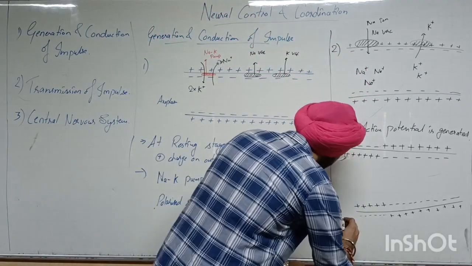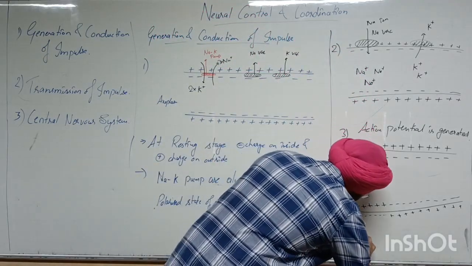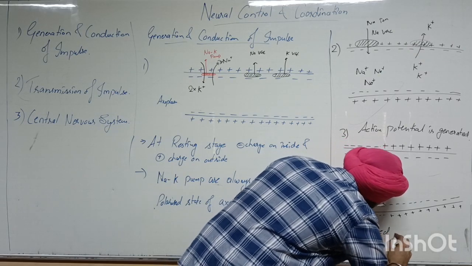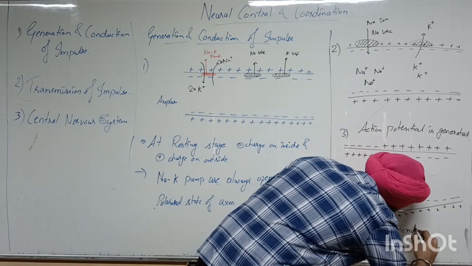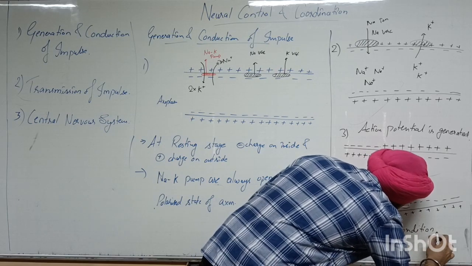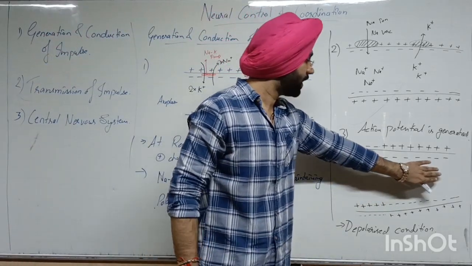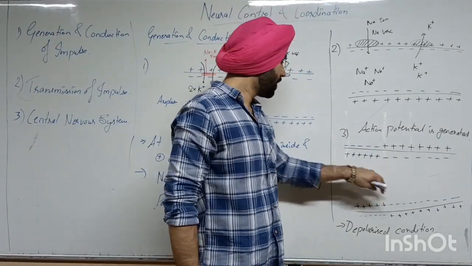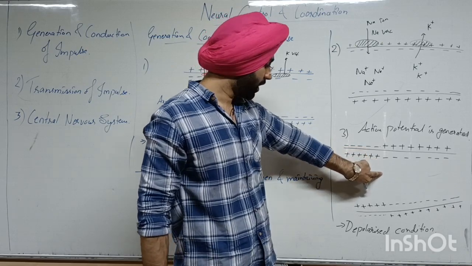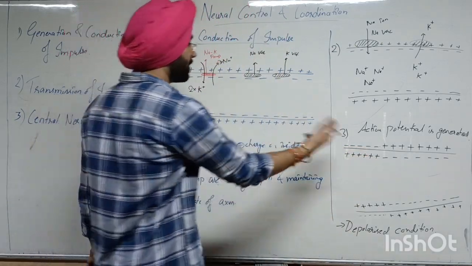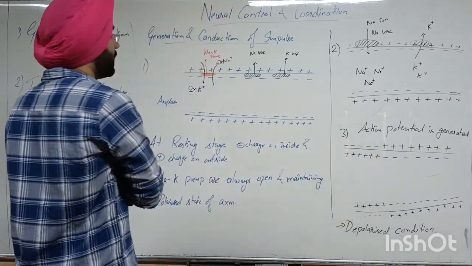So here I am writing this condition is known as the depolarized condition. In the rest of the membrane this is the polarized condition, but in this part it is the depolarized condition. So now you have understood how positive charge is coming inside and outside it is getting negatively charged.